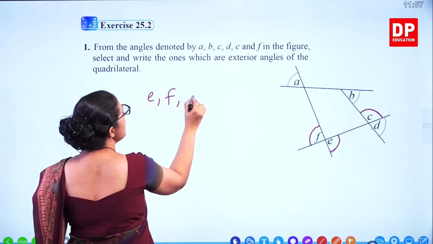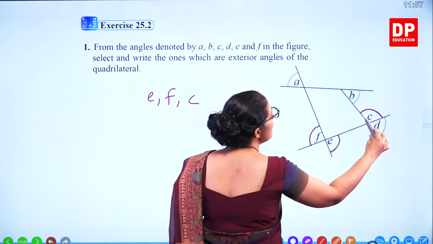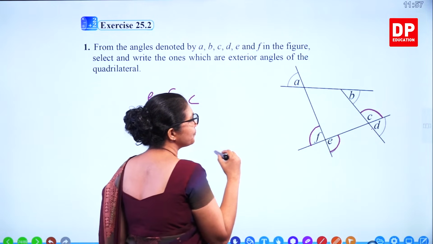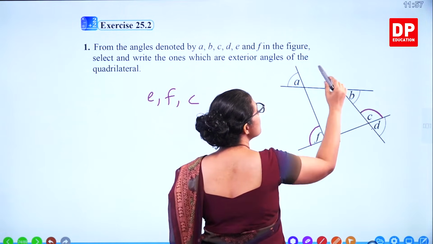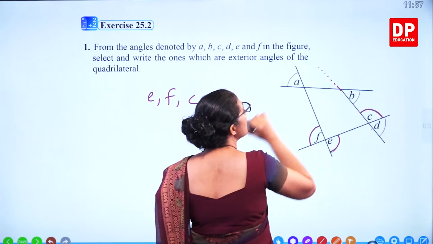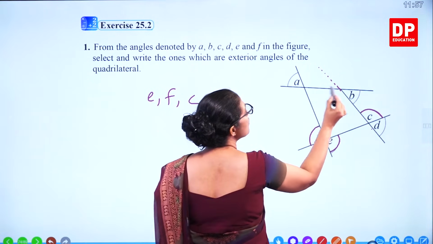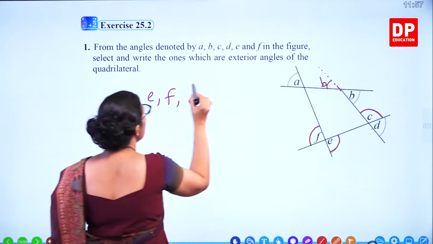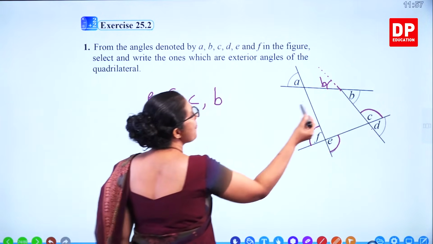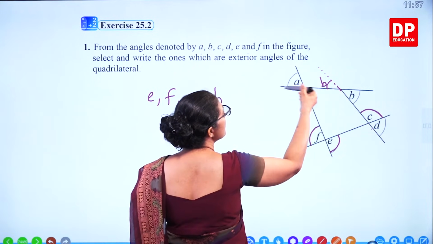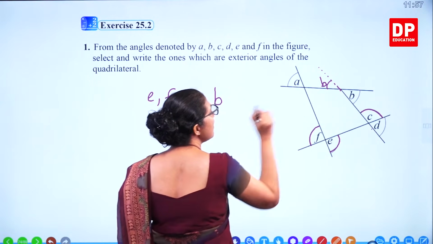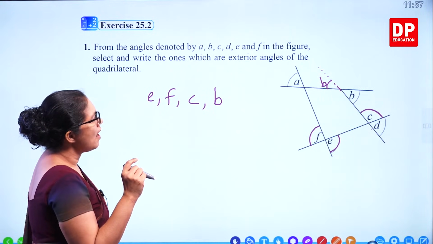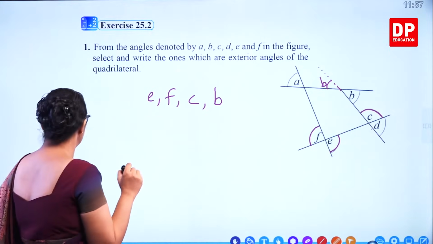So C is an exterior angle. And when you extend this line, this way or this way, same as exterior. So this is also B. So that's an exterior angle. And when you take this one, this is interior. A is not exterior. So E, F, C, B are exterior angles.